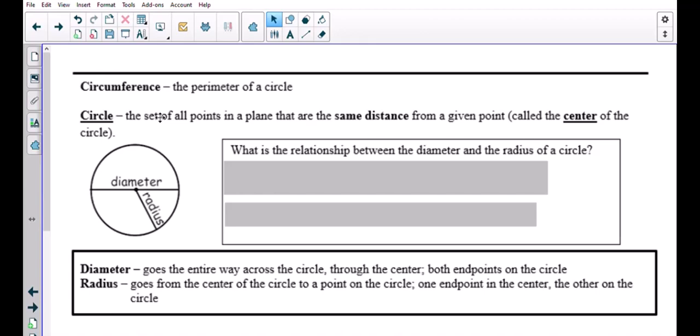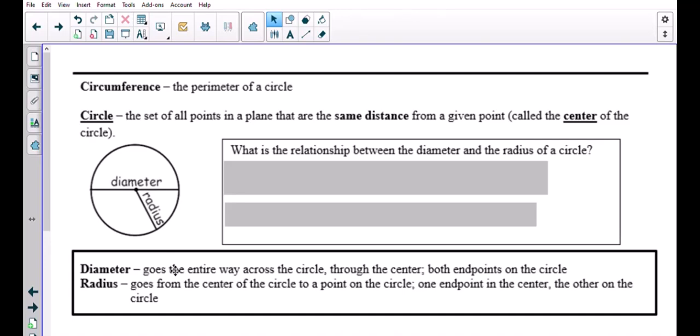center of the circle. Now, in this picture, we're showing you both a diameter and a radius of the circle. Note that the diameter goes the entire way across the circle through the center, both endpoints of the diameter are on the circle, and it does have to go through the center. Whereas the radius goes from the center of the circle to a point on the circle.